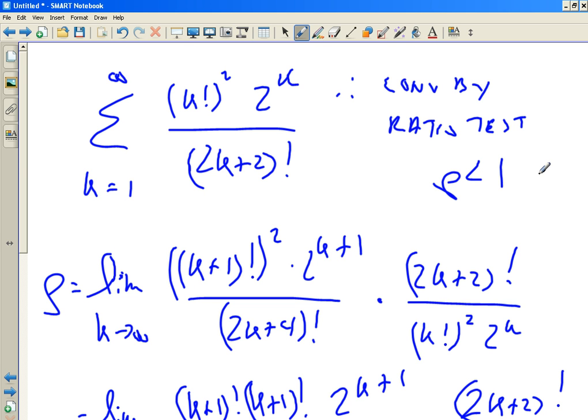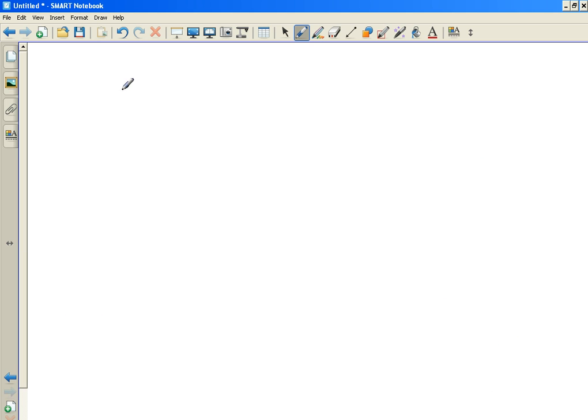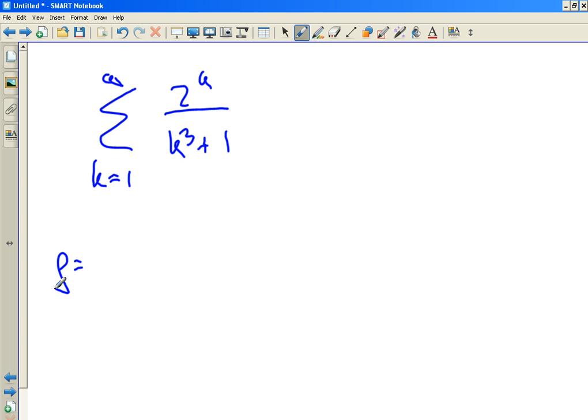Okay, is this terrible? This isn't terrible, right? Okay, let's try it again. How about this one? What if I go for k goes from 1 to infinity of 2 to the k over k cubed plus 1? Want to do ratio test? Okay. So let rho equal the limit as k goes to infinity.